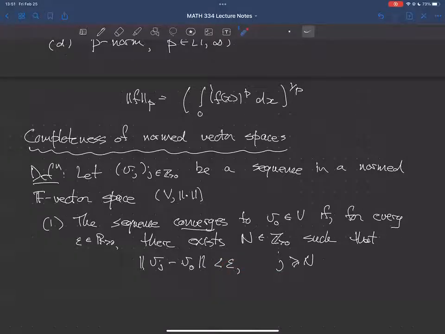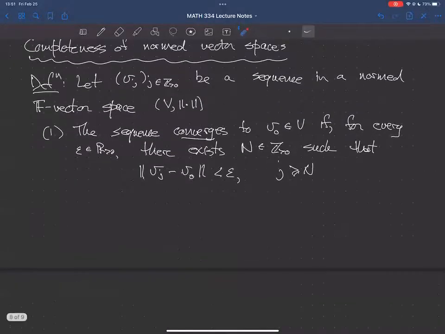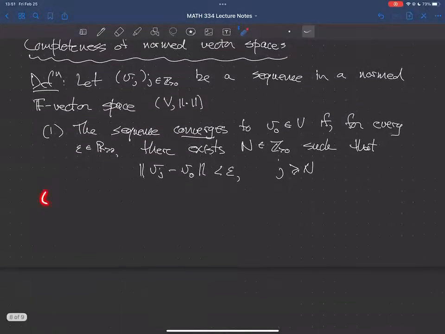The idea is the usual notion of convergence that you're familiar with, that the terms at the tail of the sequence can be made to get as close as you wish to the vector that you're converging to. So that's convergence. Another important notion, which is related but not the same as convergence, is what's called a Cauchy sequence.